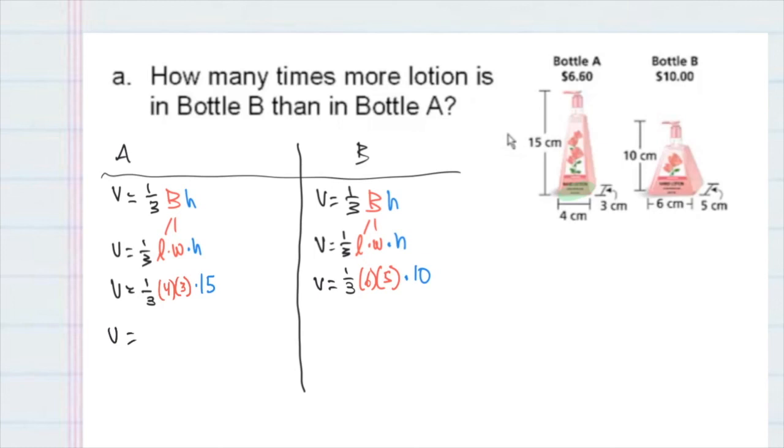That gives us 60, and it's centimeters, so we say centimeters cubed. For bottle B, we get 1/3 times 6 times 5 times 10, which would be 100, and it's centimeters cubed.